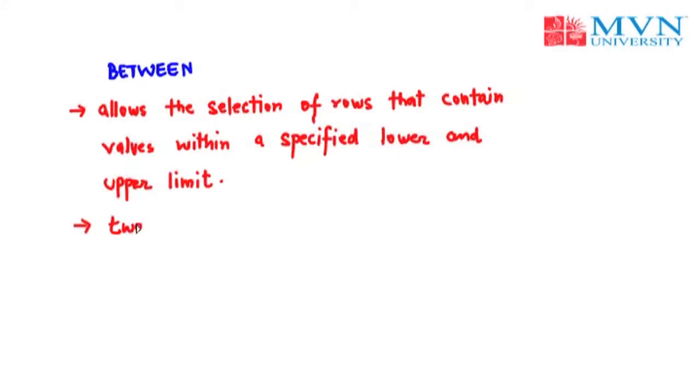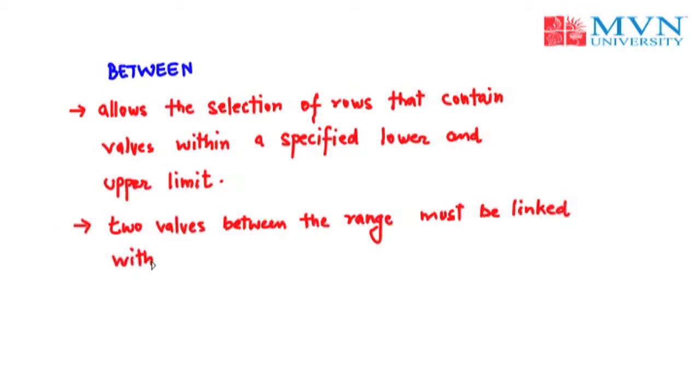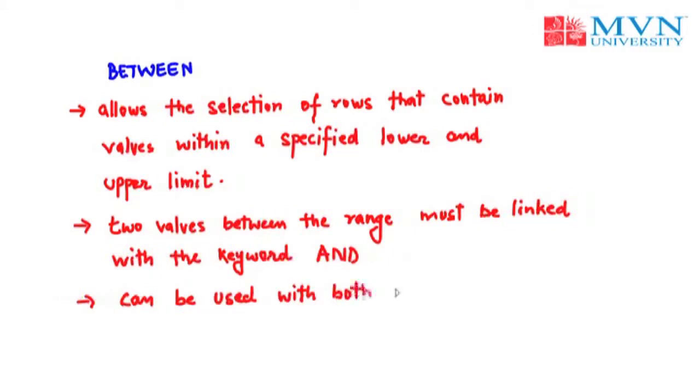The two values in the range must be linked with the keyword AND. The BETWEEN operator can be used with both character and numeric data types.